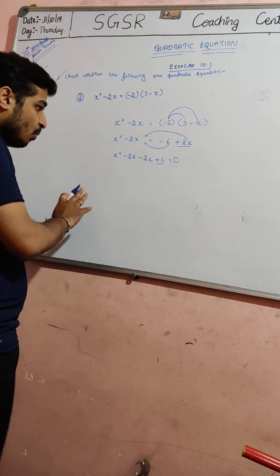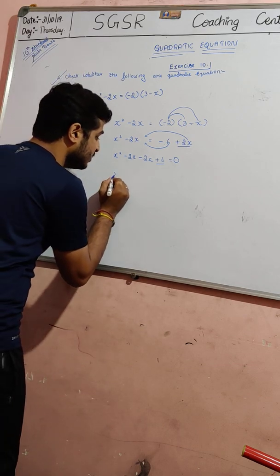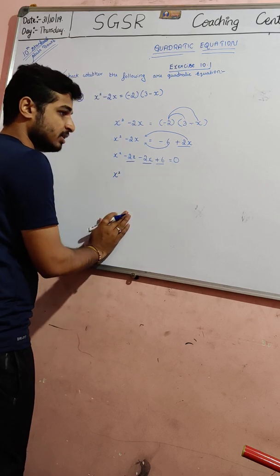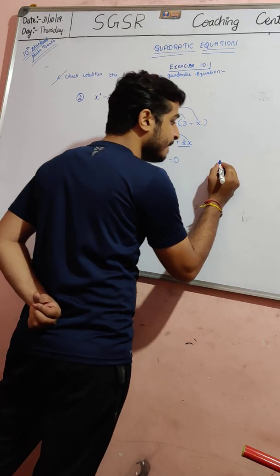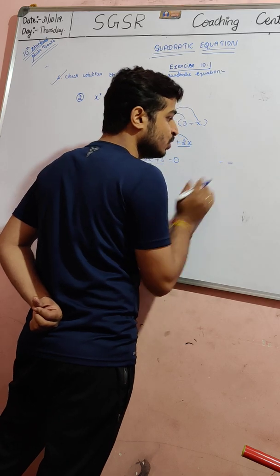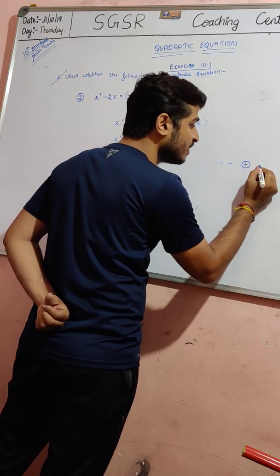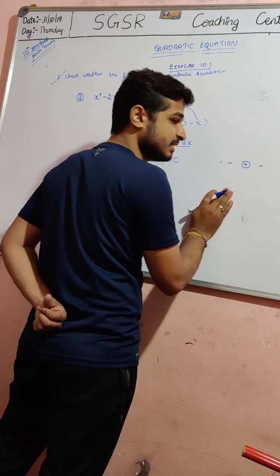So now the equation becomes x square minus 2x minus 2x. Students all know that for minus minus, you should add the values, but write the sign as minus.